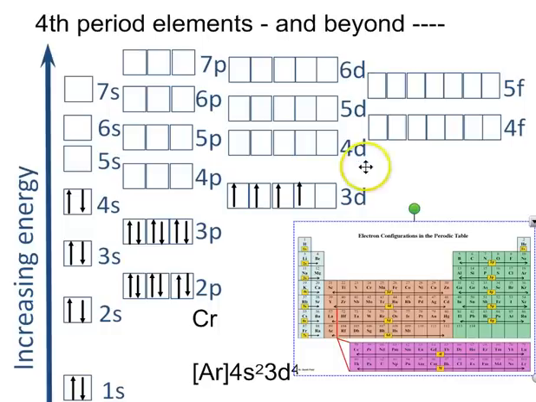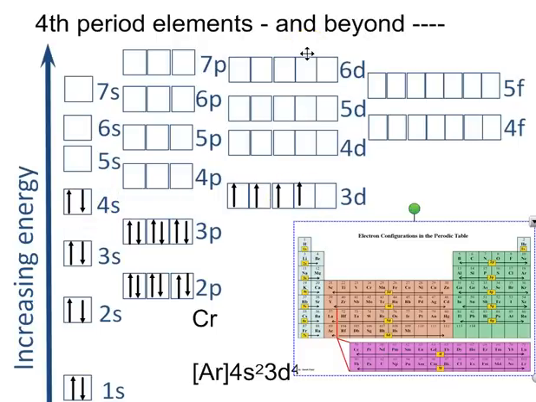Chromium. Chromium is the element that is the fourth one over in the D block, so it will have 4 electrons. And notice Hund's rule. We have 1 electron going into each of the individual orbitals before we start doubling them up. So we would write this electron configuration as argon 4s2 3d4.